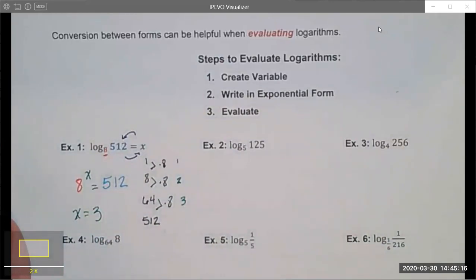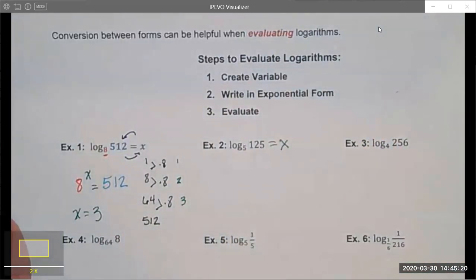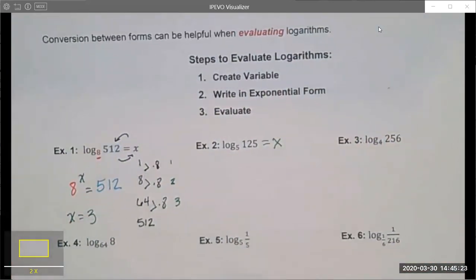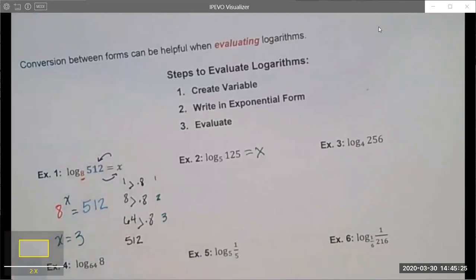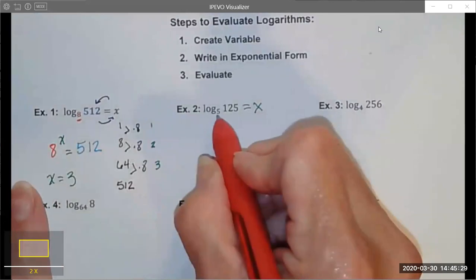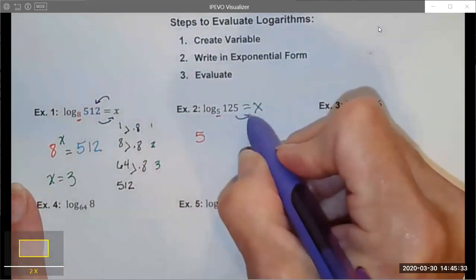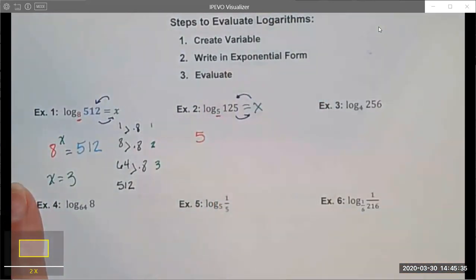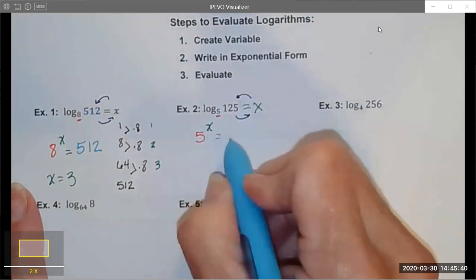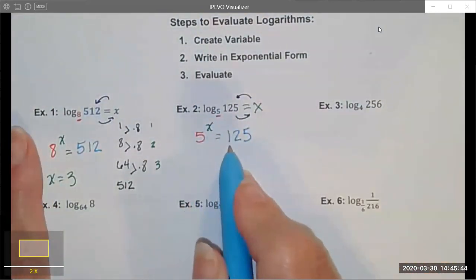Let's try another one. I'm going to first create my variable. I'm going to write this as an exponential function. Sorry, slippery little fella. 5. Going to roll my log so that x becomes my variable. That's what we're looking for. And I'm trying to find 5 raised to what value will give me 125.